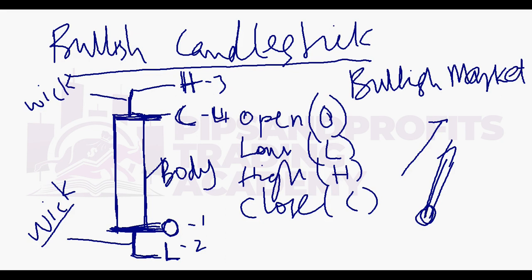The first, the body of the candle, speaks of the actual volume that has come into the market. Take note of that. The distance between the open and the low, we are saying that it is called a wick.